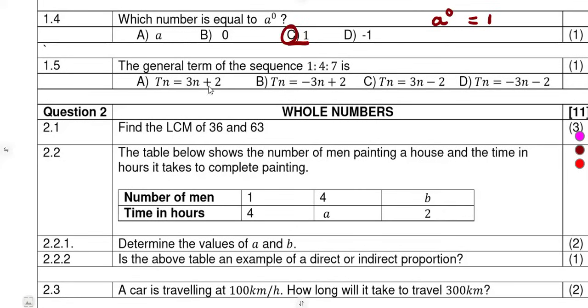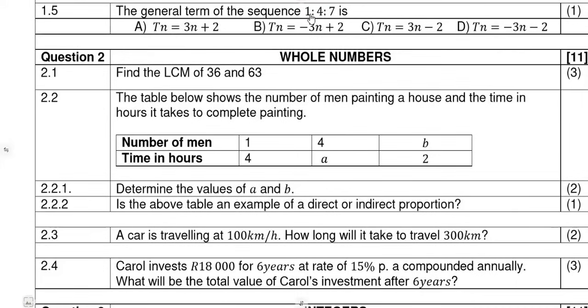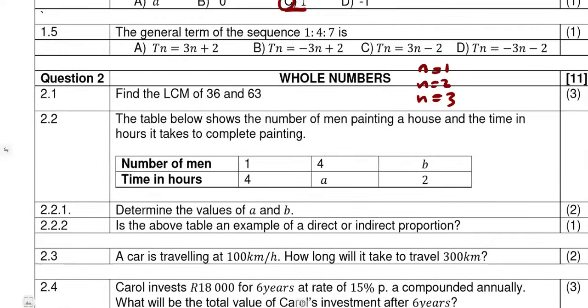1.5, the general term of the sequence 1, 4, 7 is... If you do not know, guys, you can even try substituting values of n: when n is 1, when n is 2, when n is 3, to see which one is going to give us exactly what corresponds.